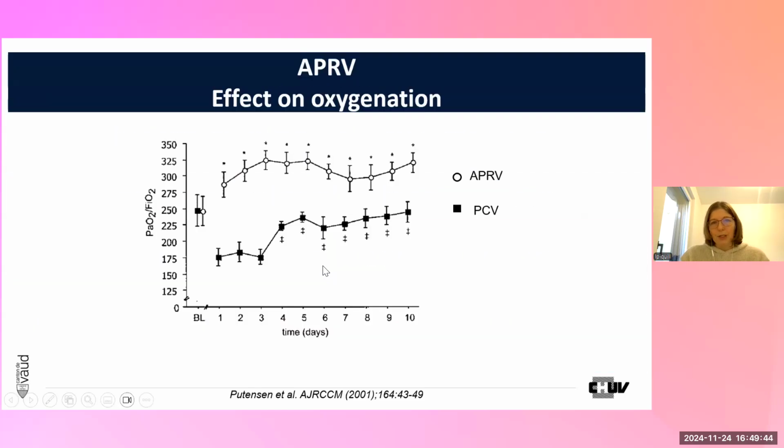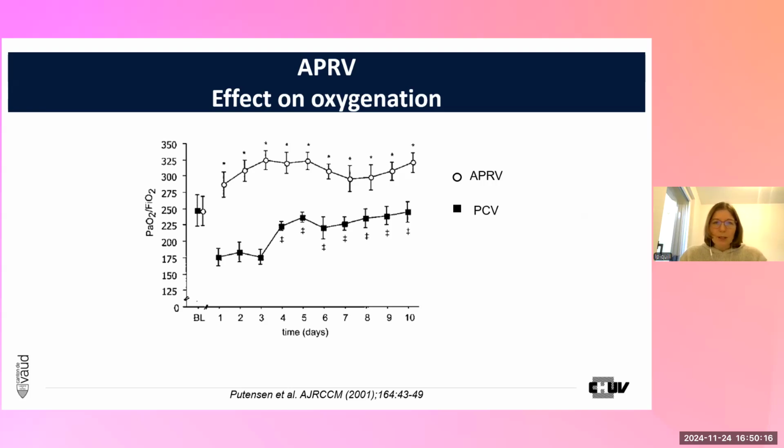Regarding BIPAP in conventional ratio ventilation, we don't have a lot of data. A study was published very recently by Richard and collaborators in ARDS patients, and they showed that less sedation was required with BIPAP ventilation, and that this was clearly feasible in the acute phase of ARDS.